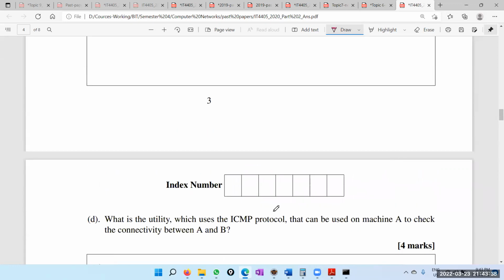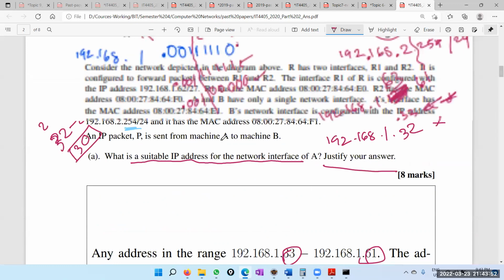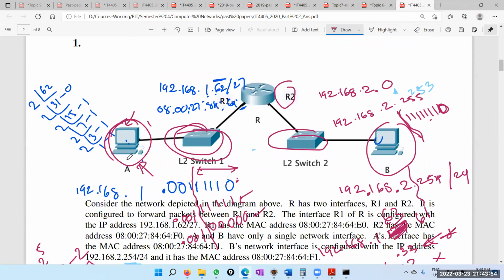Right. What is the utility which uses ICMP protocol that can be used on machine A to check the connectivity between A and B? Here we have machine A, here we have machine B. We just want to check whether I can access B. I told you if you just want to check whether you can access B, we just ping it.